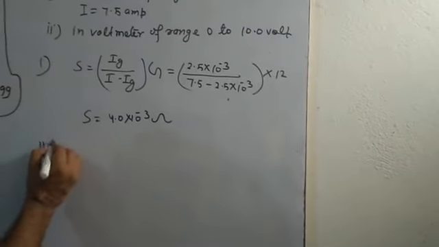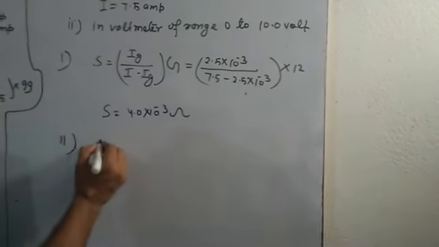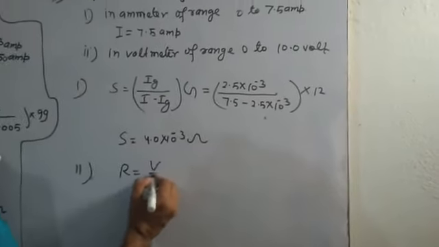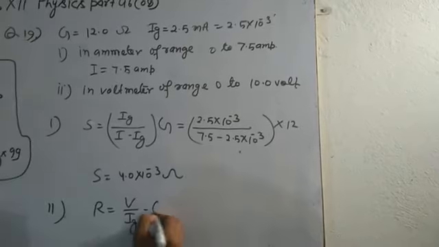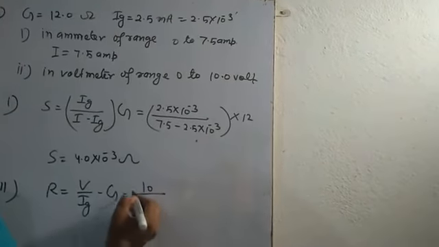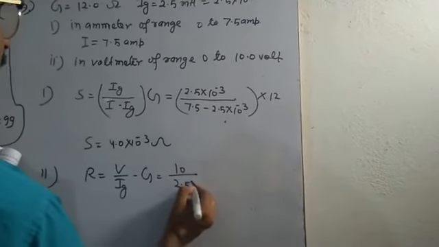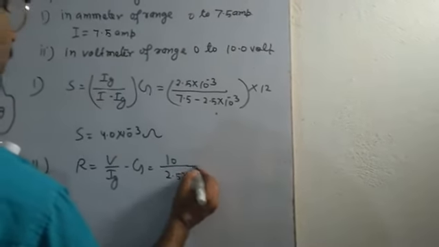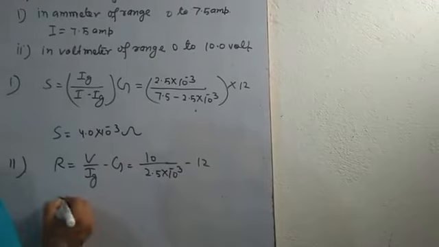And the second one: R equals V by Ig minus G. V is 10 upon Ig, which is 2.5 into 10 power minus 3, minus G, which is 12.